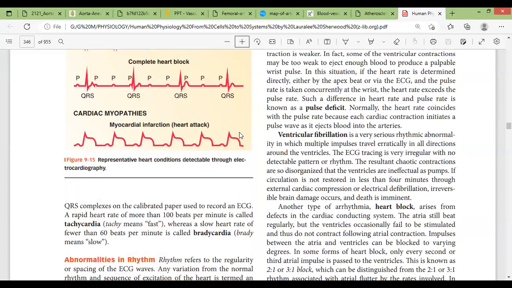That's ST segment elevation myocardial infarction. Yeah, exactly, the ST segment elevation. P, Q, R, S, T, you can see there's this elevation here. The T should be somewhere here, but there's this elevation. So in heart attack, we see that ST elevation.